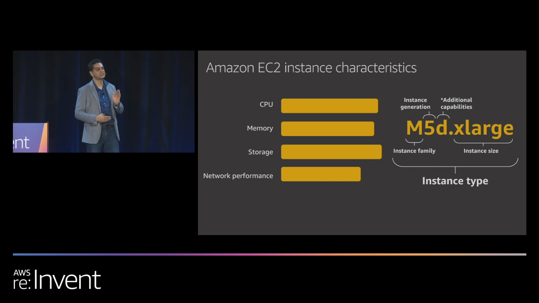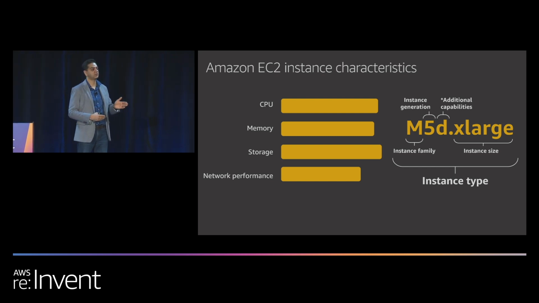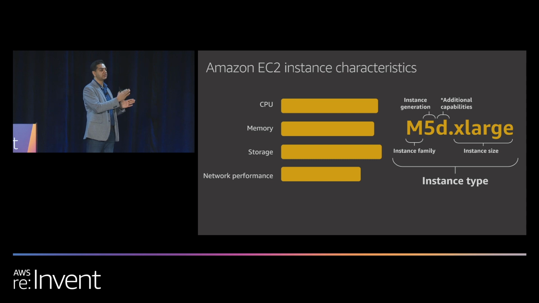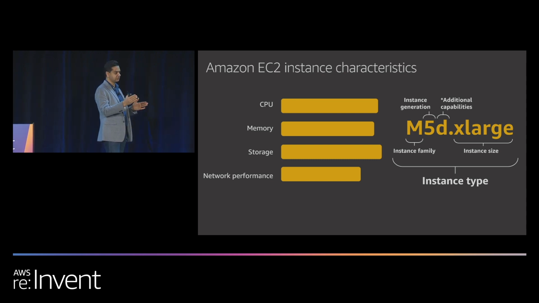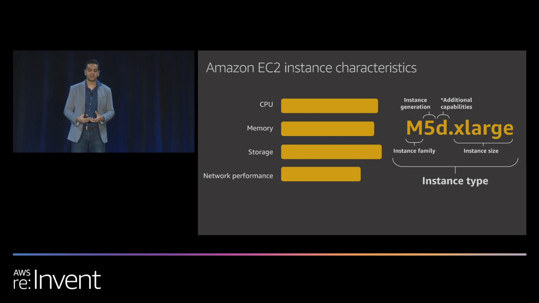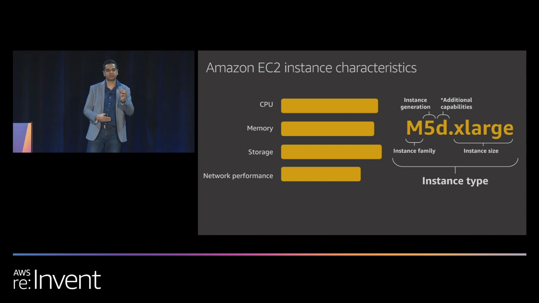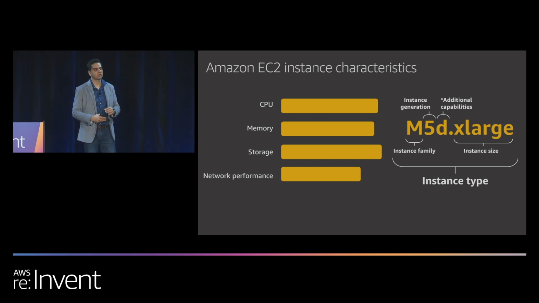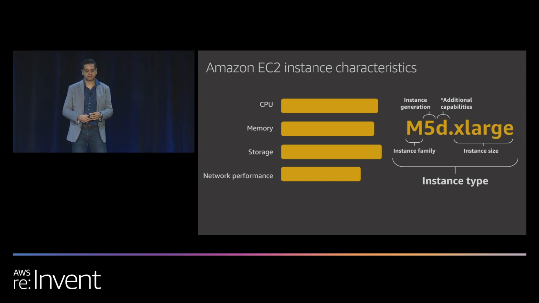So as silicon providers such as Intel or AMD come out with new generations of processors with new features and capabilities, we introduce new generations in the same family. So in the case of the general purpose family, M5 is our most recent instance. The letter following the number typically represents variations to that core instance, where we might have options with local storage or options with a different processor, like Intel versus AMD, as an example.